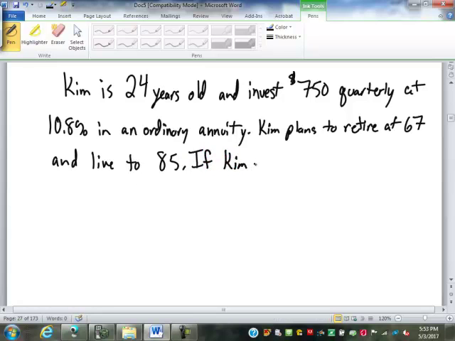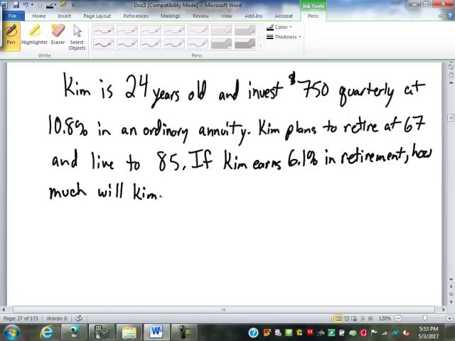If Kim earns 6.1% in retirement, how much will Kim be able to draw each month?